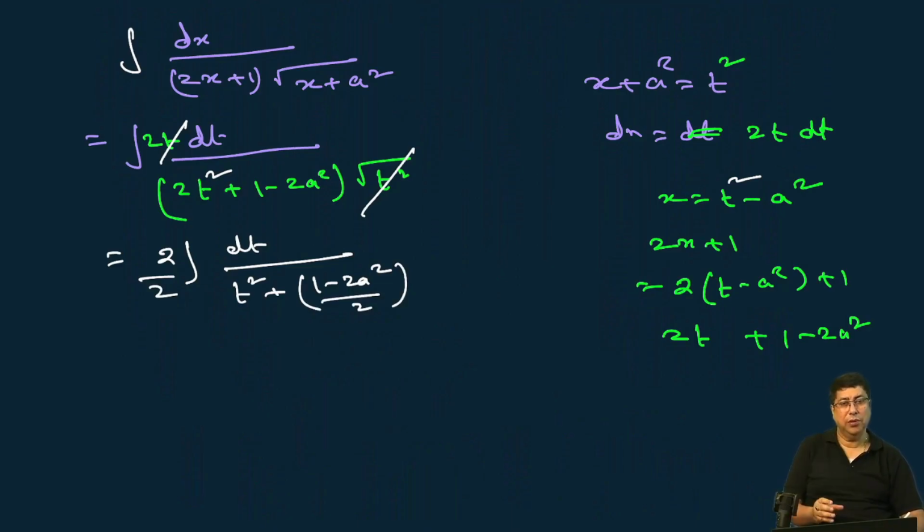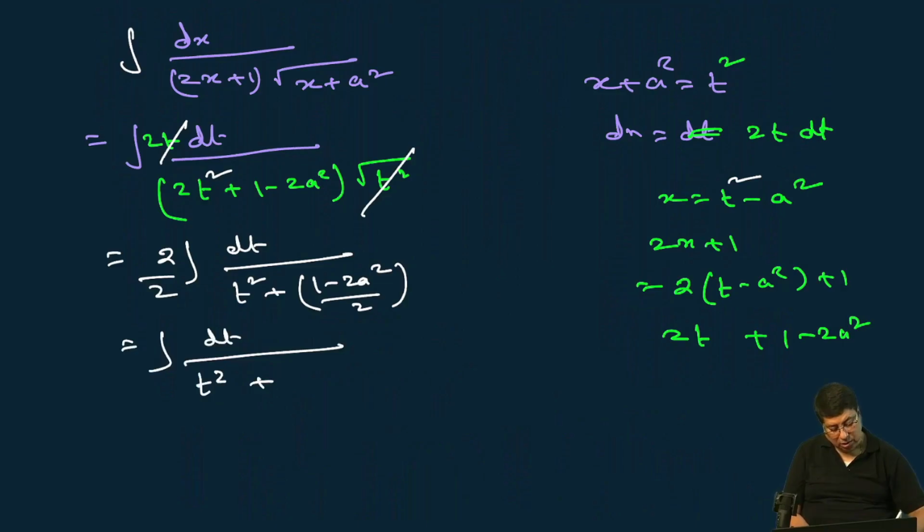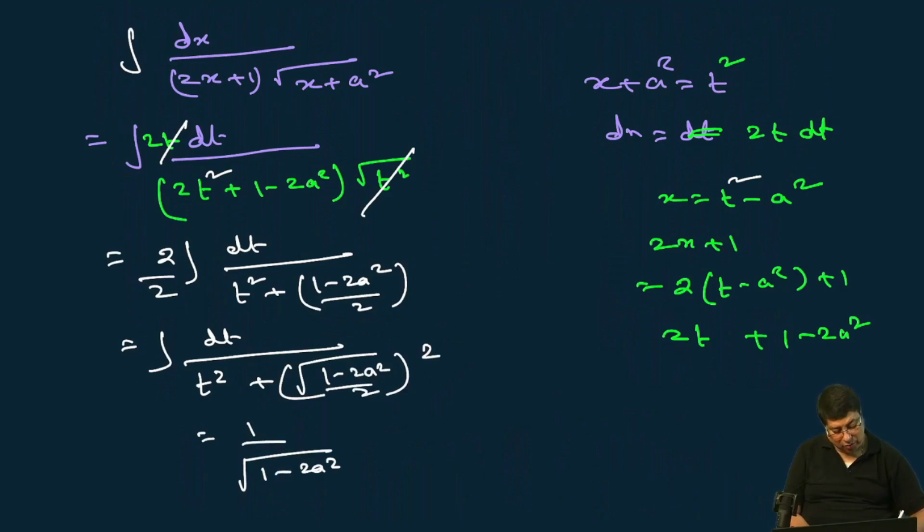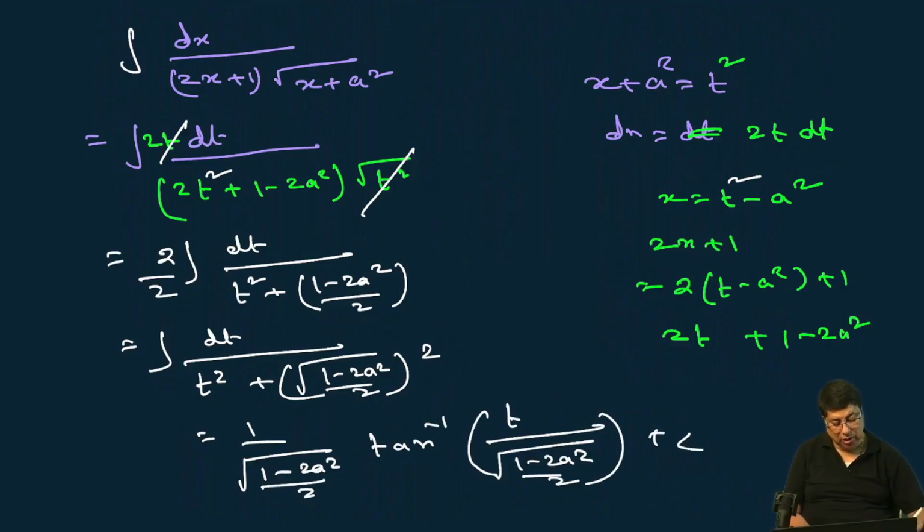That is not a problem. The problem is dt by t square plus (root over of (1 minus 2a square) by 2) whole square. So 1 by a means 1 by root over of (1 minus 2a square) by 2 tan inverse t by root over of (1 minus 2a square) by 2 plus c, and sum is over.